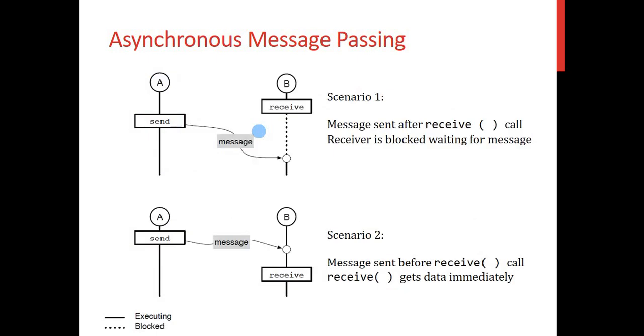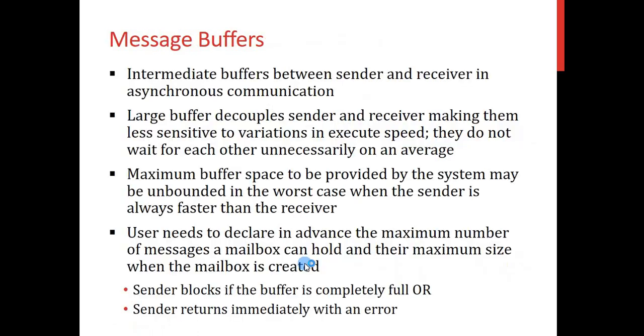In this example of asynchronous message passing, the receiver calls first, and in this case the receiver is blocked until the sender sends. In this other scenario, the sender sends and carries on, and then task B later calls to receive and immediately gets the data. So the message buffers need to be designed to be large enough to handle the data we are going to send through them.